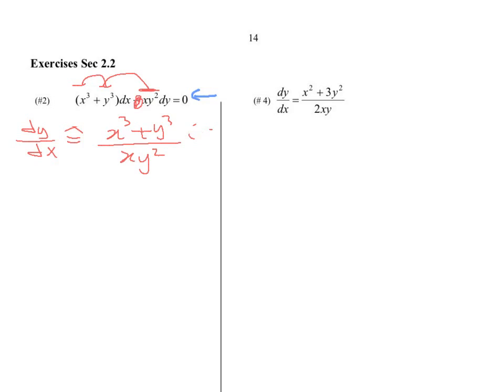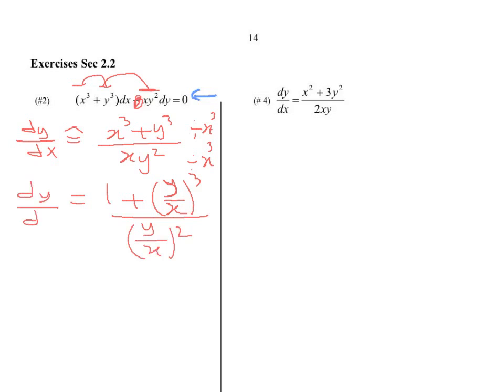Anyway, this is the rearrangement. We are going to divide now by x cubed on both sides. So this is 1. You see, if the terms are of degree 3, then we divide by x cubed. If the terms are of degree 2, we divide by x squared, and so on. So this is dy/dx.